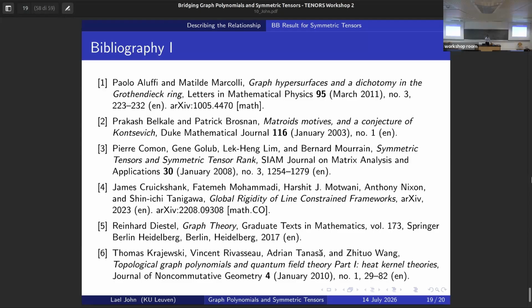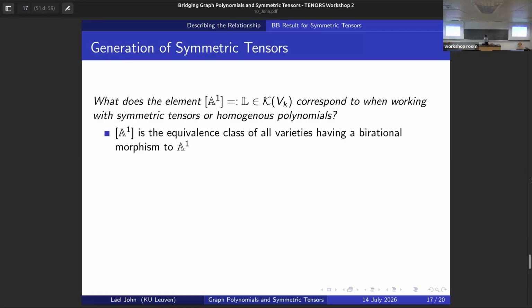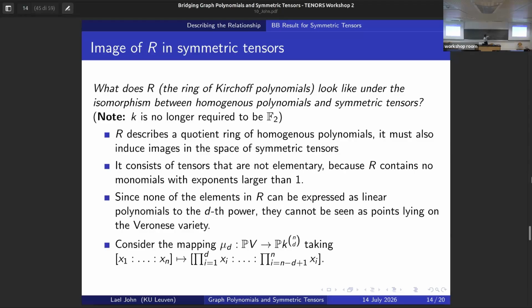You mentioned this word called rigidity at the beginning. I lost the connection of this word. So the work by Cruikshank does relate graphs to symmetric tensor completion. From what I remember of their paper, they take an arbitrary graph, they take a distance metric, and they look to first generate a symmetric tensor that represents this graph, and then they want to see if the symmetric tensor does not contain as many values as they need.